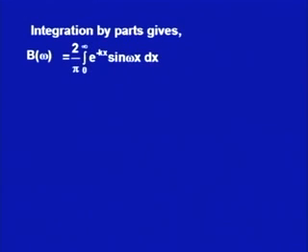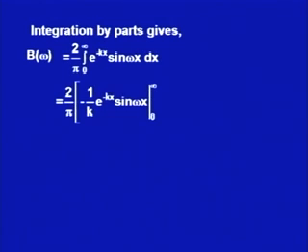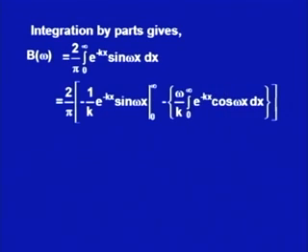So, B(omega) is this integral, and we are going to evaluate it by parts. We will take e to the power minus kx as the integrating function and sin omega x as the differentiating function. So, first integral: minus 1 upon k e to the power minus kx sin omega x evaluated from 0 to infinity, minus omega by k integral 0 to infinity e to the power minus kx cos omega x dx.